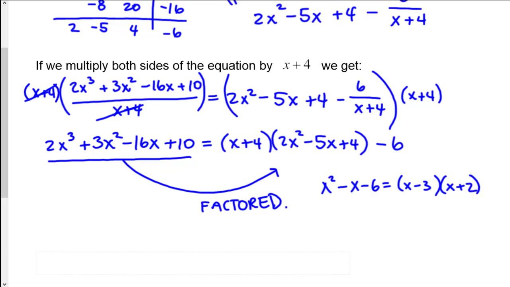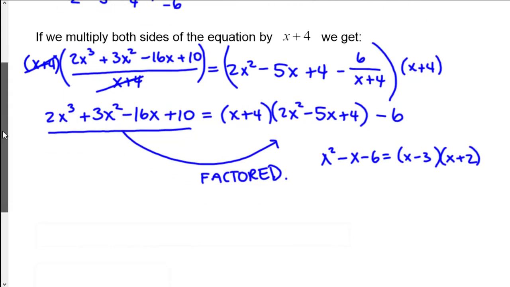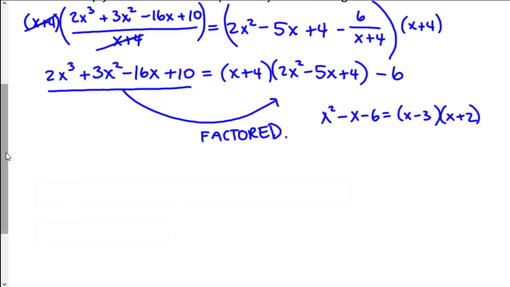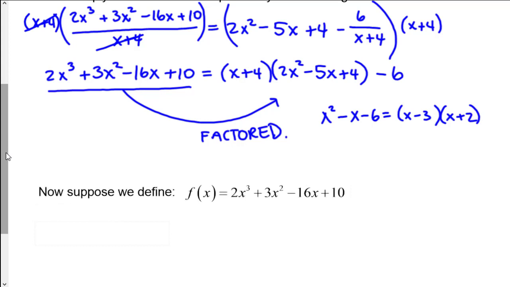For now, one thing I want you to notice is, let me define a function, f of x equals 2x cubed plus 3x squared minus 16x plus 10. So it's defined exactly based off of this polynomial right here. I've just made it a function, and the reason I made it a function is because I can evaluate functions at different points.